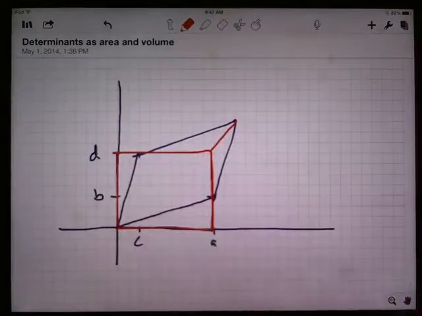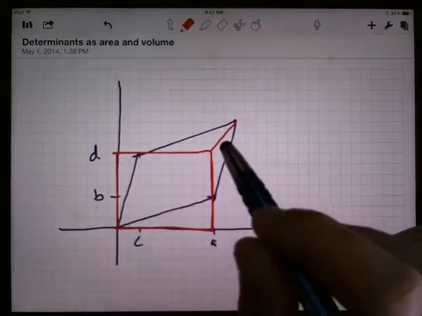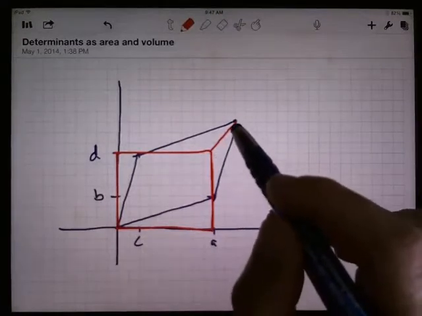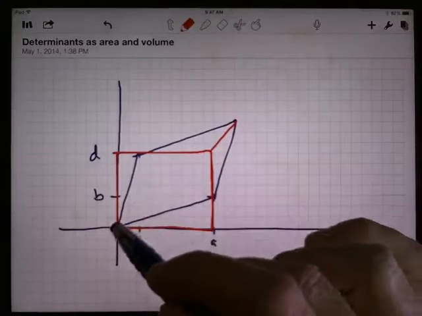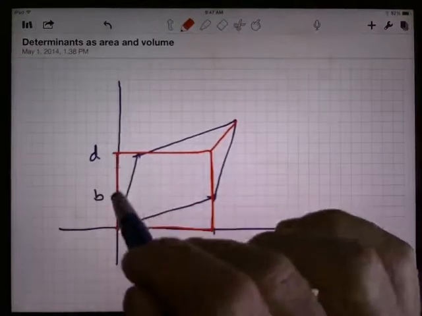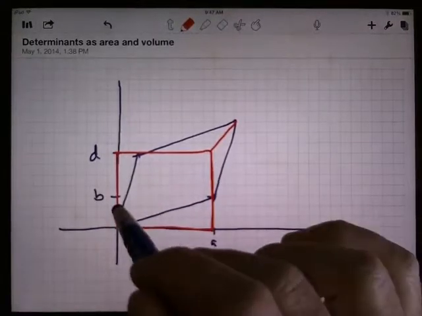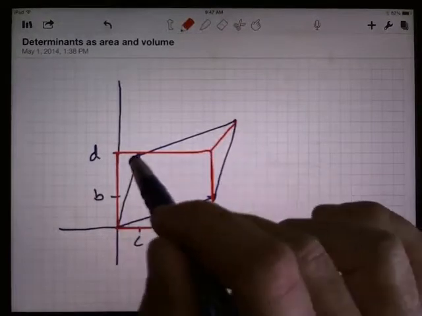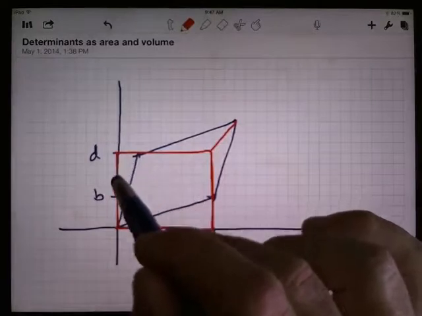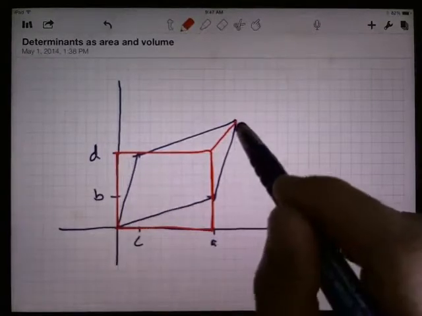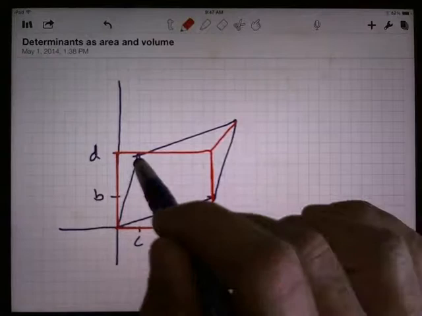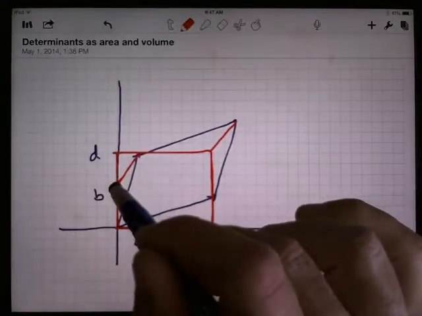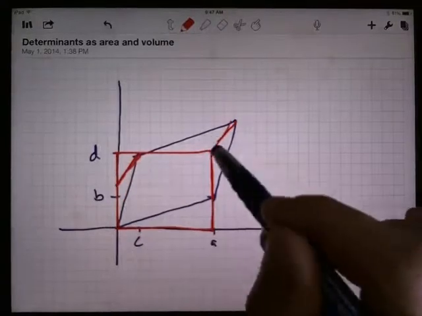Notice the area of that rectangle is A times D. So I'm going to take this piece here, and because this is parallel to that, and this vertical side is parallel to this, I know that this piece will fit right in there, and that this edge here will be right over here, parallel. Let's see, it goes down 3 over 2, so it's going to come right to there. Right? So this and this will be parallel.